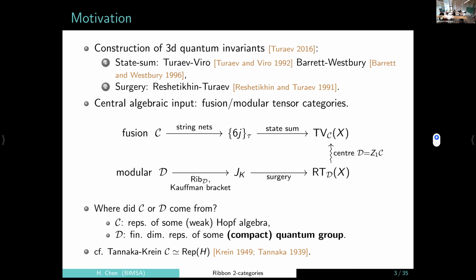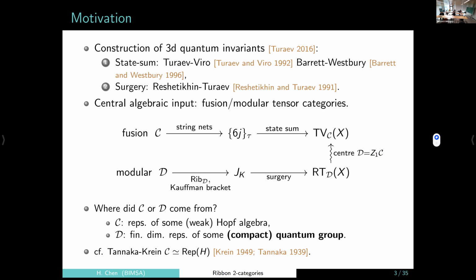The central algebraic input for either of them is fusion: for the state sum, a pivotal fusion category, and for the surgery theory, a modular tensor category. Then you construct decorated ribbon graphs, get the Jones polynomial, and do surgery to get Reshetikhin-Turaev. For the fusion case, you construct the 6j symbols on the tetrahedron, and then do the state sum to get the Turaev-Viro invariant.